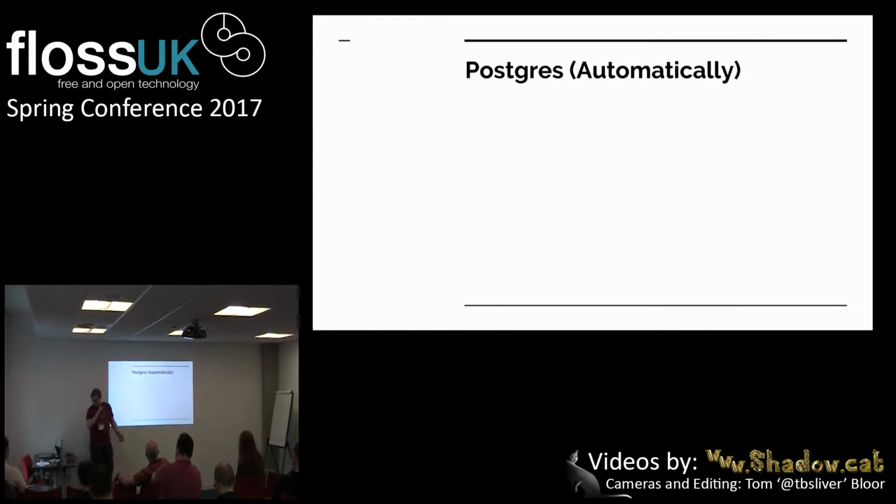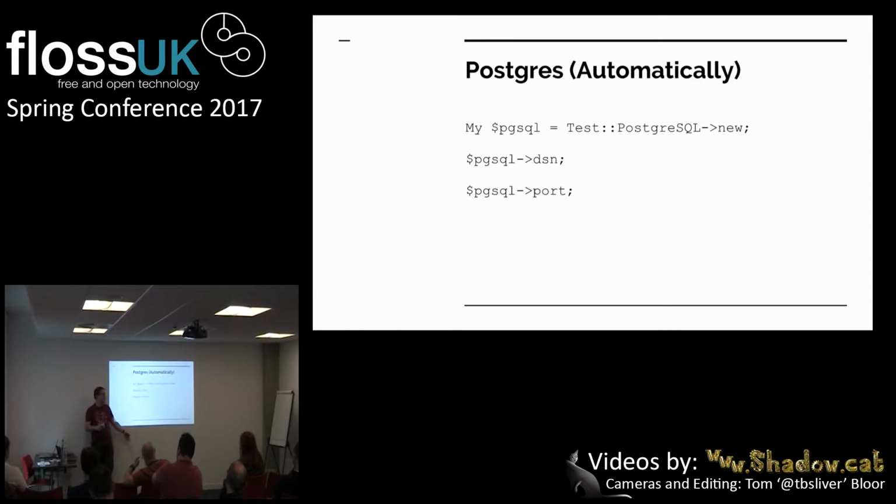So, using that module is really easy. Almost a lot easier than the previous one because you don't have to set any of those other variables. Just call new, and then you can get the DSN, which you can pass into a standard DBI endpoint, or you can get username, password, port out of it, and then carry on, instantiate your database as you need to, and then shell out to whatever you want.